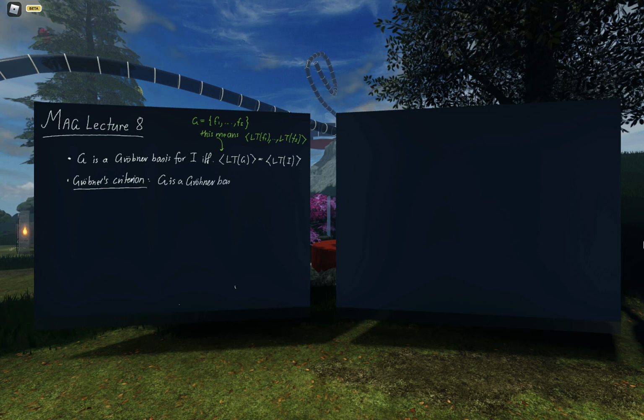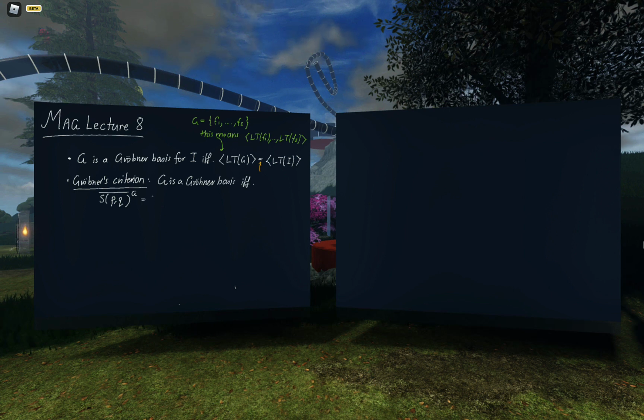So it gives us an effective algorithm for actually checking this equality here, which otherwise is a bit mysterious from the point of view of a computational approach. So G is a Gröbner basis if and only if when you compute the S polynomial of P and Q being elements of G, and you take the remainder upon division by G, you get 0.